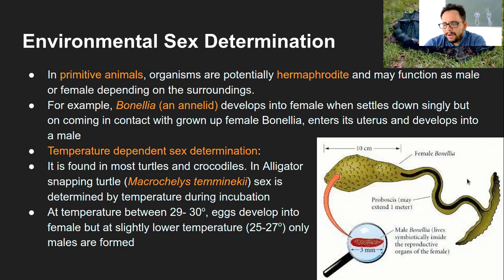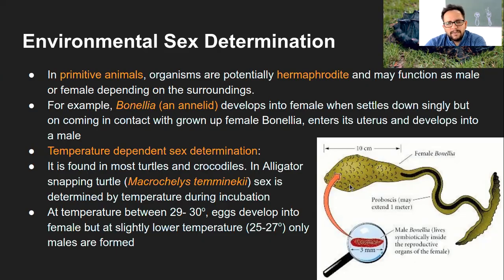Just as an example, here is shown the female Bonellia, which is grown up. You can see the size. The males are produced later: when a smaller or younger female Bonellia comes in contact with this grown-up female, it enters the uterus of the grown-up female Bonellia and develops into a male.